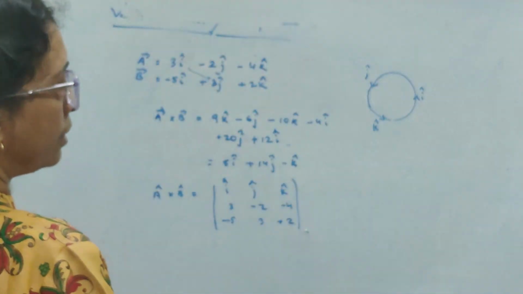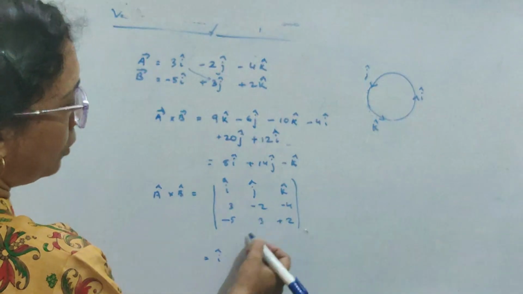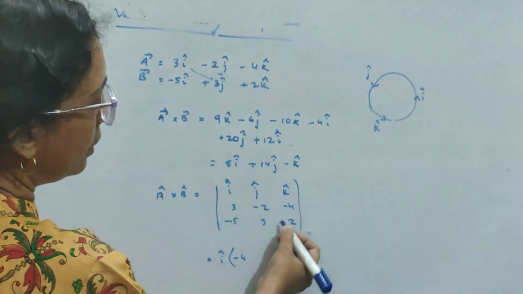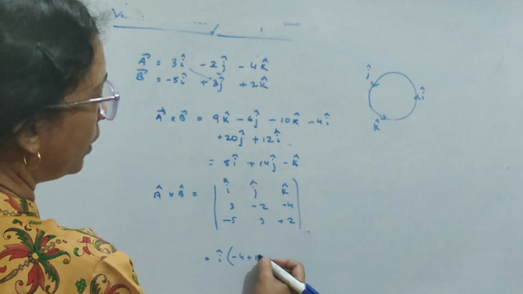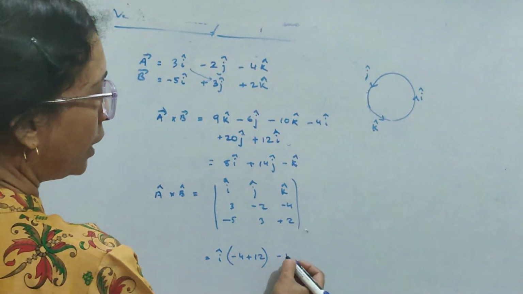Now we can solve it like a determinant. When I take i, I have to multiply 2 into 2, minus 2 into 2 is minus 4, and minus this into this, 3 into minus 4, that will become plus 12. Then if I take the first one positive, the second one I have to take negative.